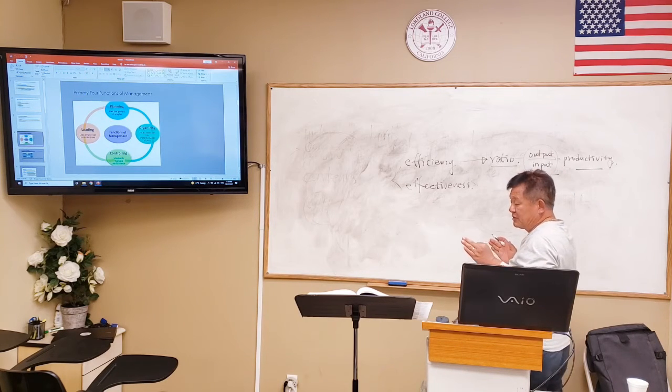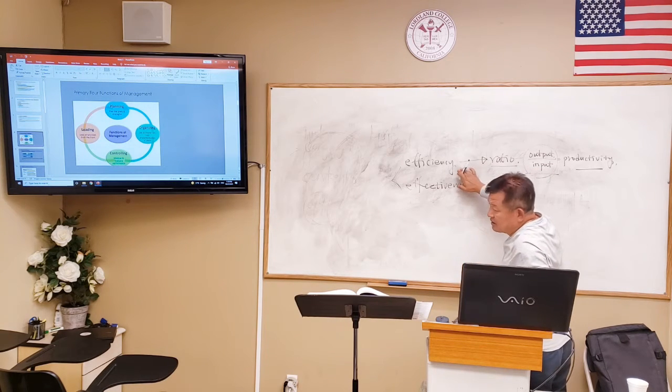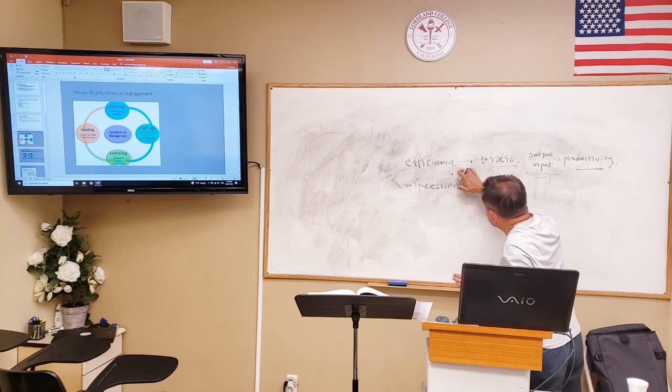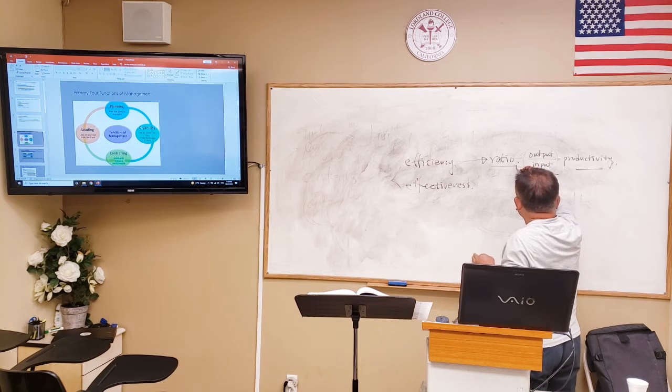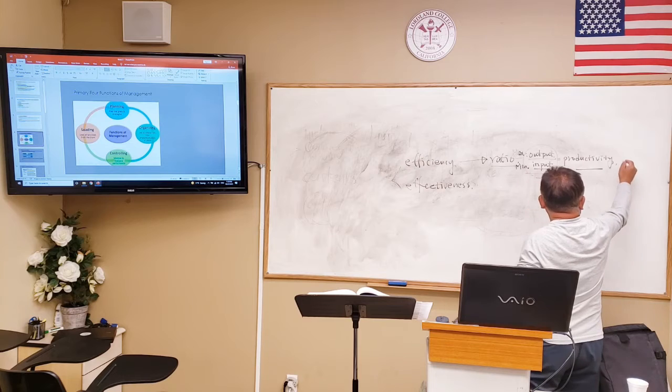Most corporations or organizations have some goals through efficiency. How to get efficiency for productivity? For example, minimize input, because output is itself. And the other method is maximize output, and then productivity goes up.